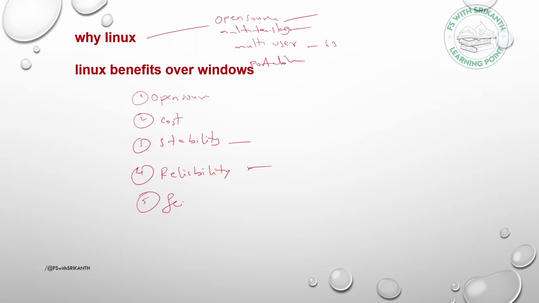And security: very few viruses and malwares are designed to target Linux systems compared to Windows, and inbuilt firewalls are placed. Customization: Linux is customizable, and based on specific needs and performance, they can get the Linux code and customize it for their requirements.